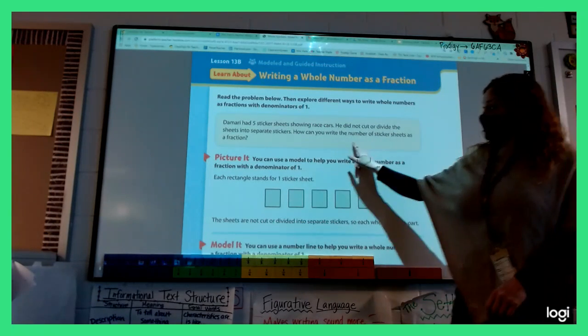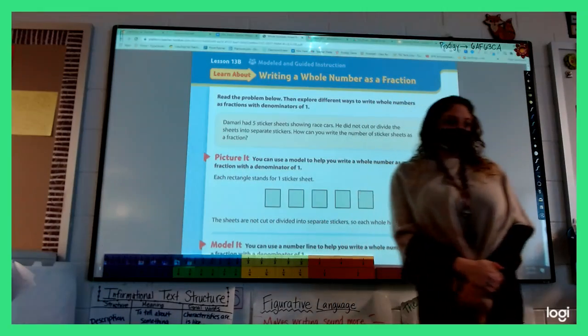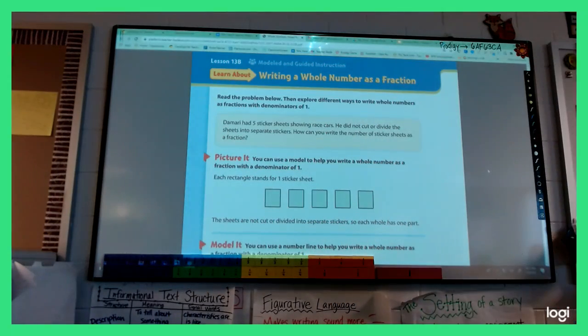And you can read this part. His name's Damari. Damari had 5 sticker sheets showing race cars. He did not cut or divide the sheets into separate stickers. How can you write the number of sticker sheets as a fraction?